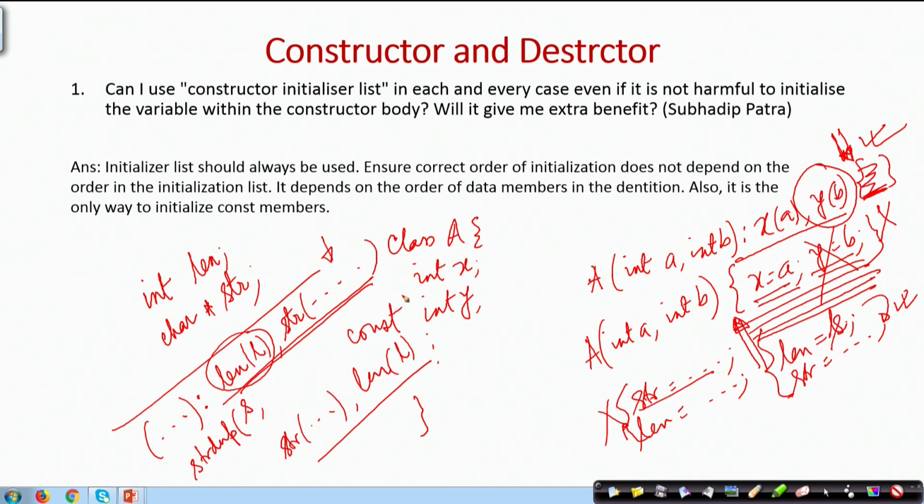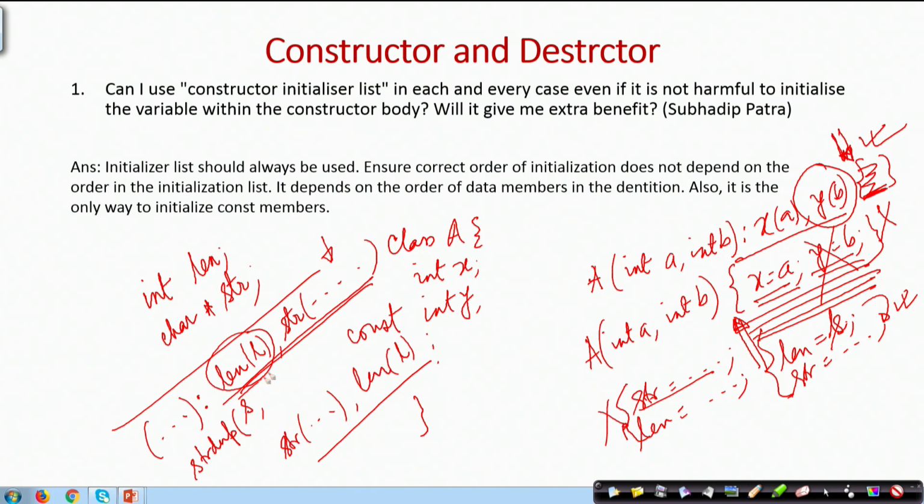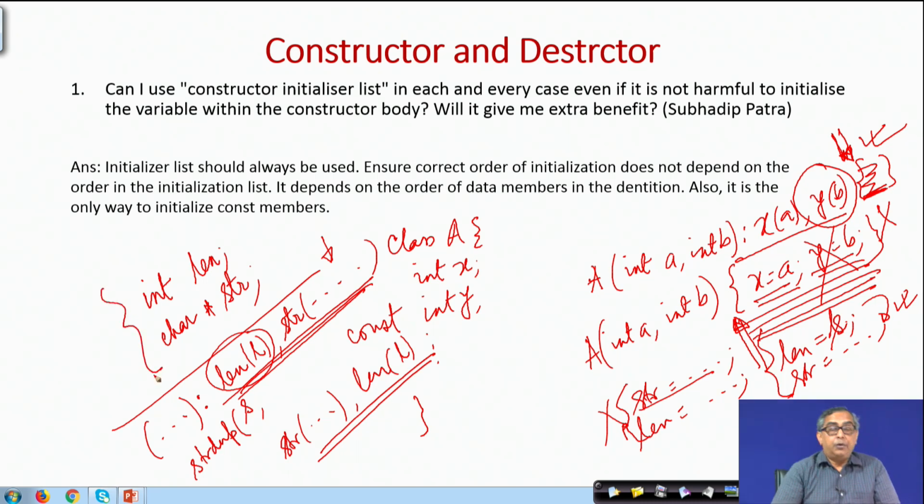That is where lies the beauty of the design of the constructor: no matter in which order you write them in the initialization list, the order in which they are executed is decided by the order given in the body of the class. So, even though I may write str initialization first and len initialization next, if in the top to bottom order of the data members in the class len comes first, then len will happen first before str, ensuring that it will always give me the correct result.